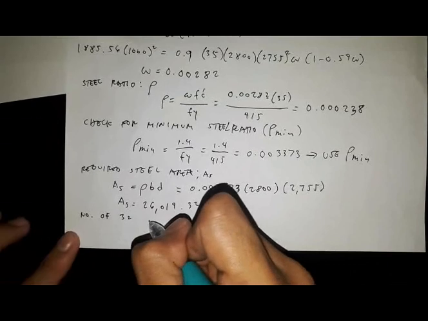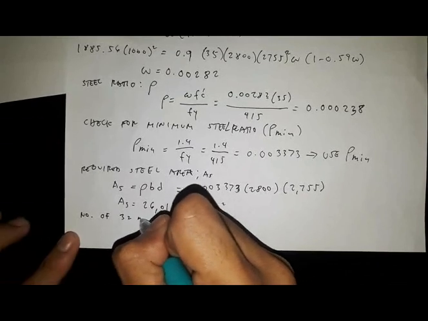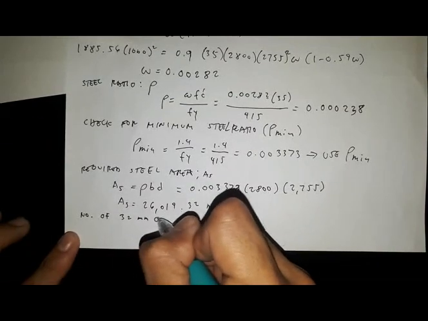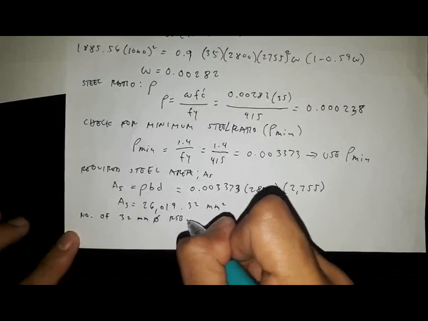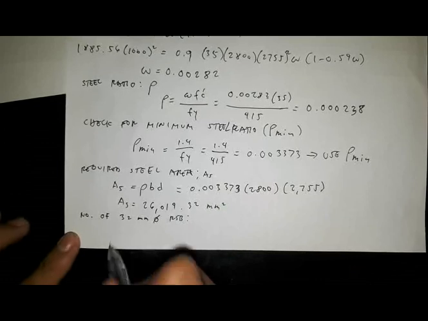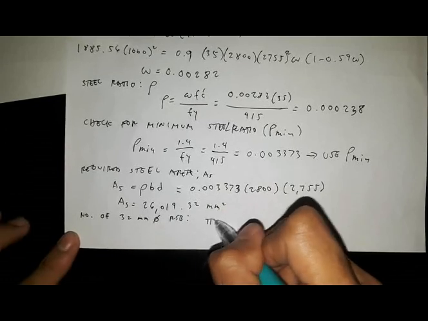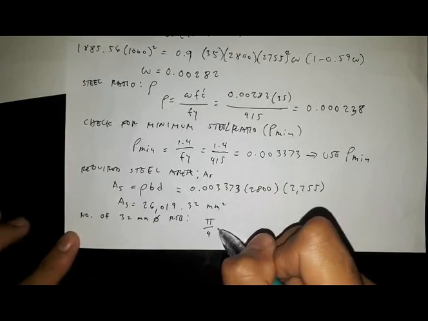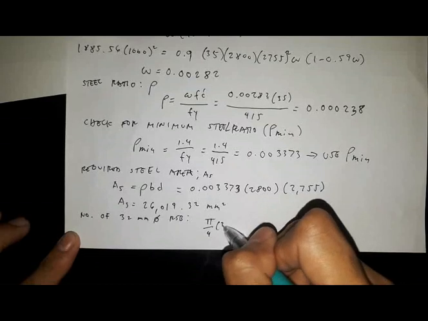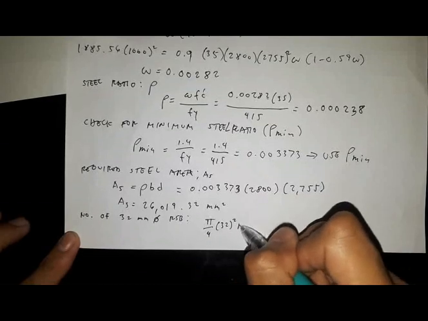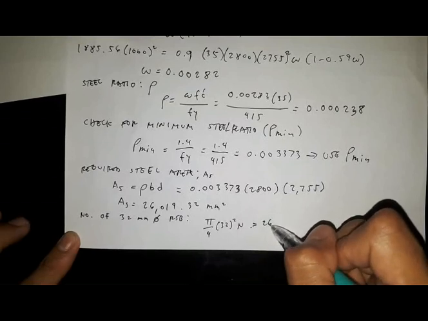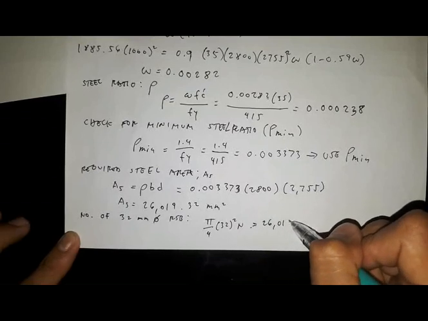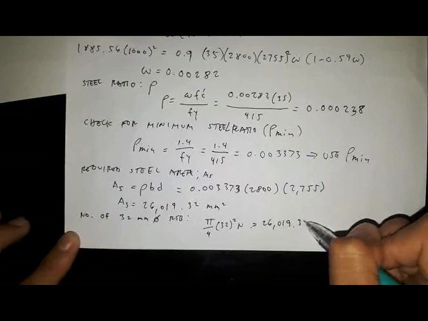Now, let's solve for the number of 32 mm diameter reinforcing steel bar. So we have pi over 4 times 32 squared times the number of bars equals 26,019.32.